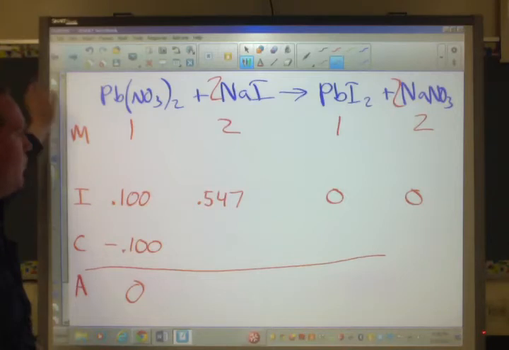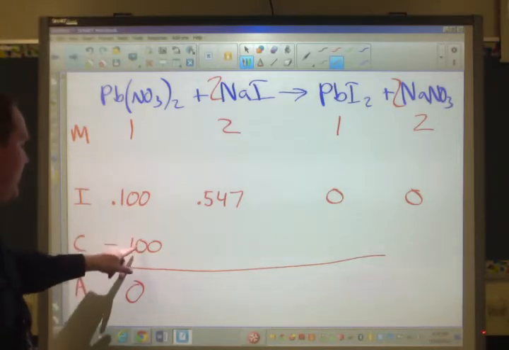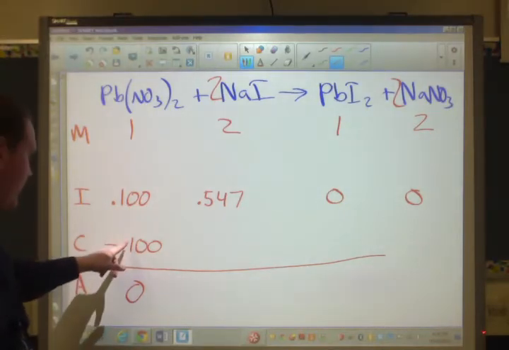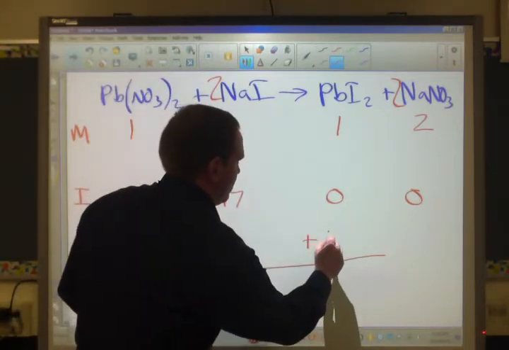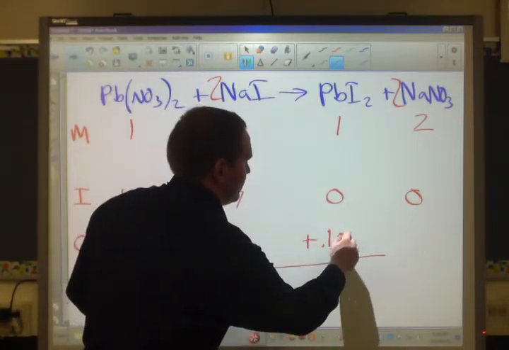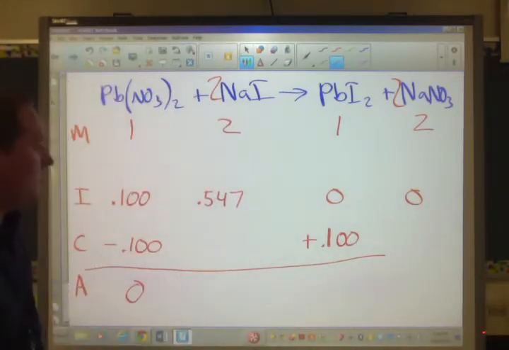When you see 1-to-1 mole ratios, you can fill in these numbers pretty easily. In fact, we've already done this before. Since I lose 0.100 here, and the mole ratio is 1-to-1, I'm going to gain 0.100 here. I think the reason these numbers were chosen is because you can do this pretty much in your head.